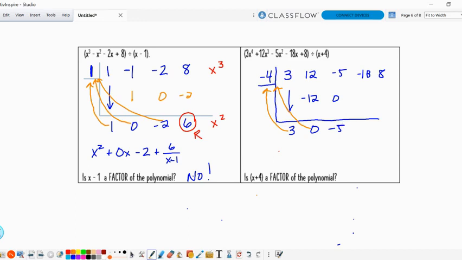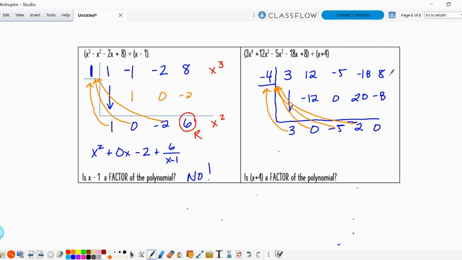There we go. Now we're going to multiply -5 times -4. It's going to give us 20. -18 plus 20 is 2. Then we're going to do 2 times -4, which gives us -8. And 8 plus -8 is 0.